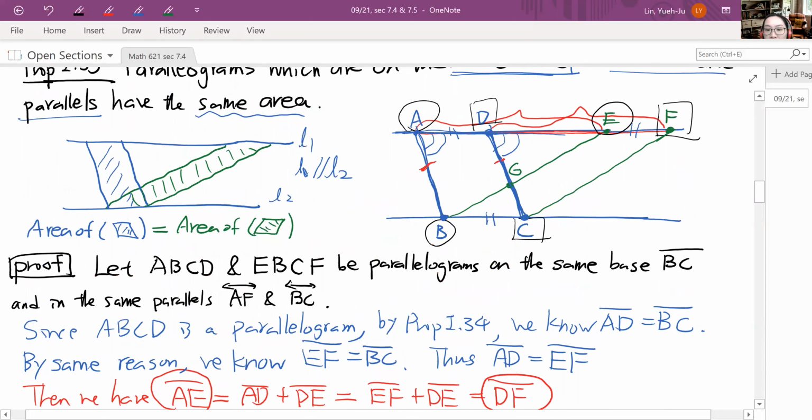EAB is this one, I just put it down, and FDC.